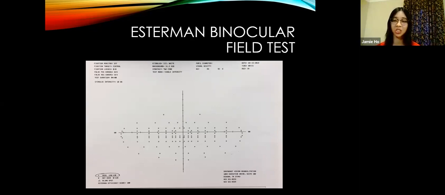In an Esterman, we just have a big bright light flashing. So it is not a threshold, it's just, does the patient see it or do they not? For driving, we want at least about 150 degrees. You can see that's the 80 mark there, and that's the 80 mark here.